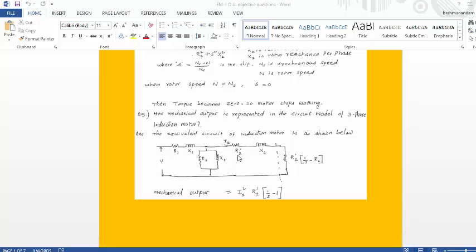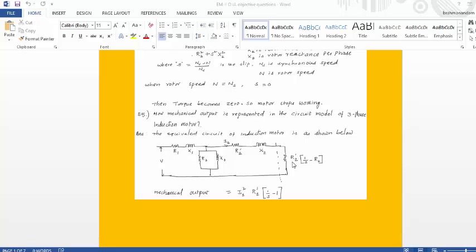And here this is R2 dash, rotor resistance per phase referred to stator side, and X2 dash is the rotor reactance referred to stator side.